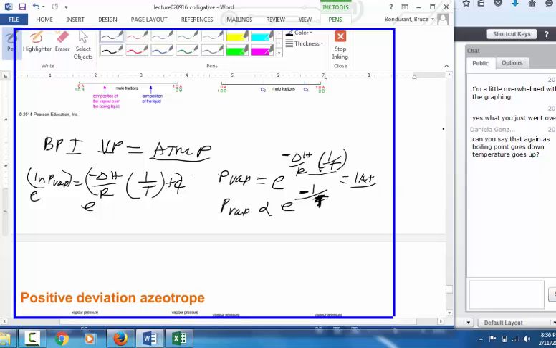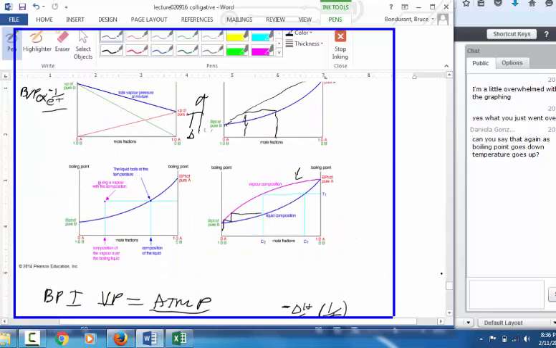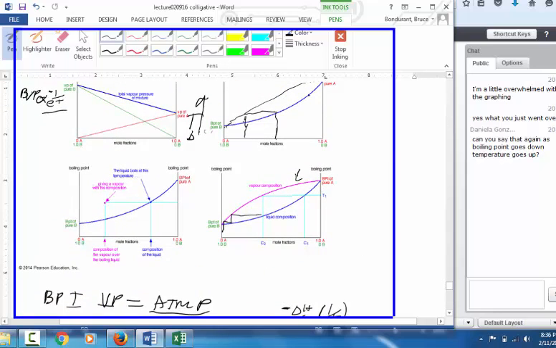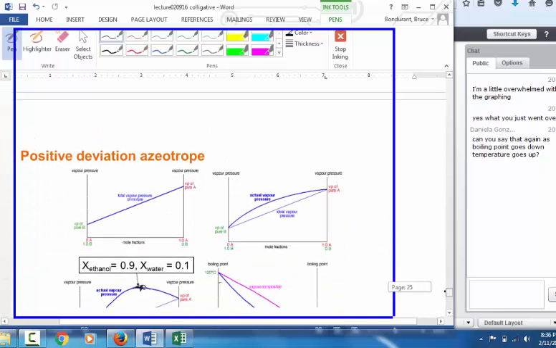That is why you don't get straight lines in that graph of boiling point, because you're taking an e to the negative 1 over T function rather than a simple linear function.